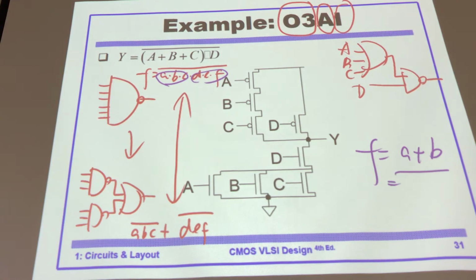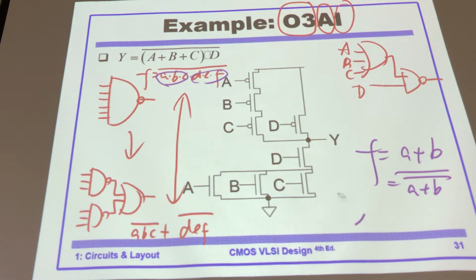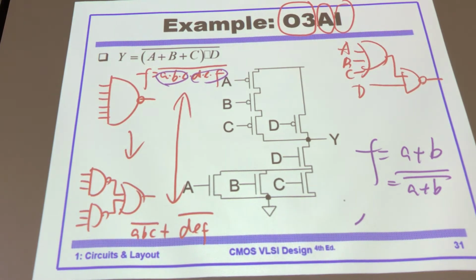You simply do it this way. So that's a 2-input NOR gate, and then an inverter.